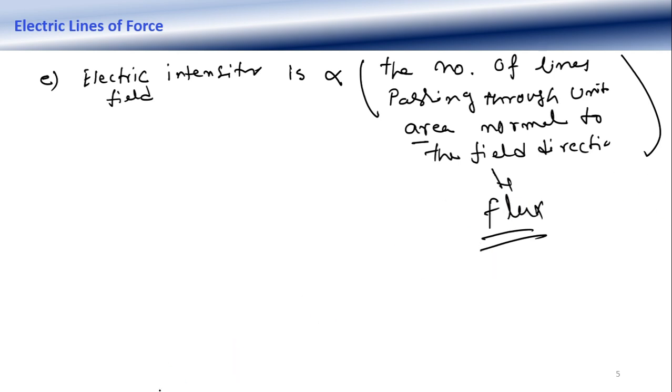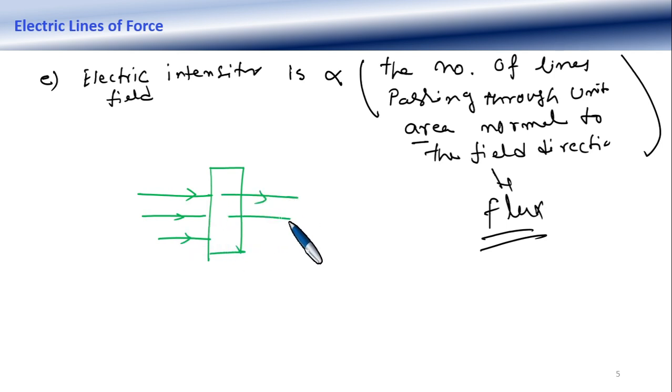So what does it look like? Let's visualize it. Say there is some area, I'm taking a perpendicular area obviously. Now there are some field lines passing. So this is a unit area, and it has some direction, say this one.